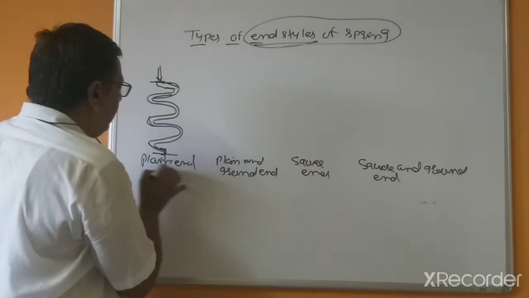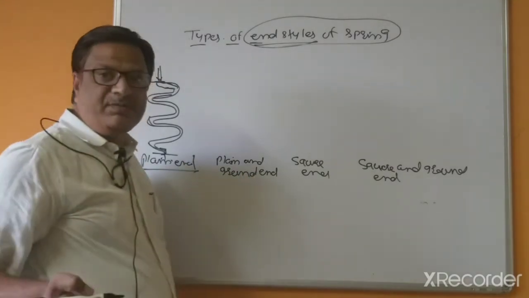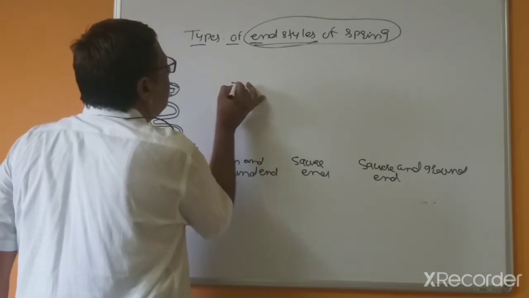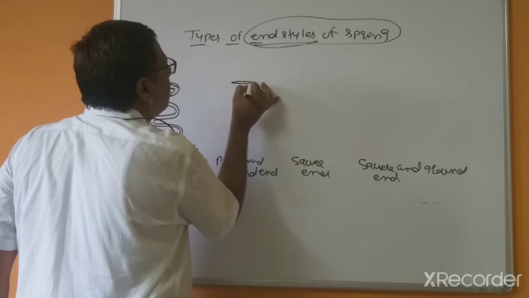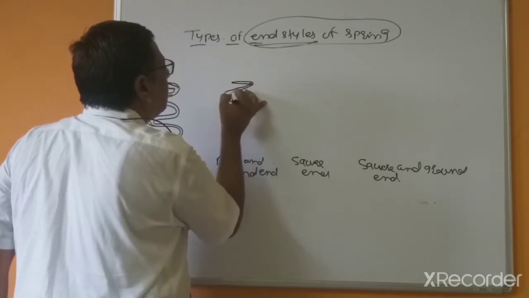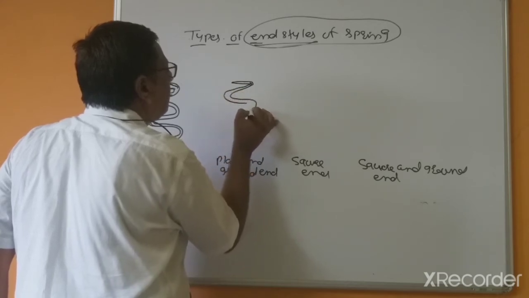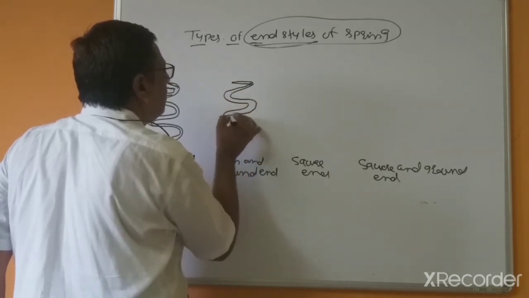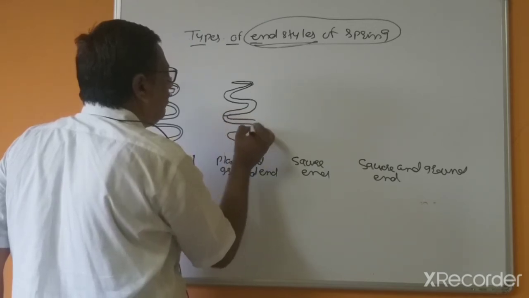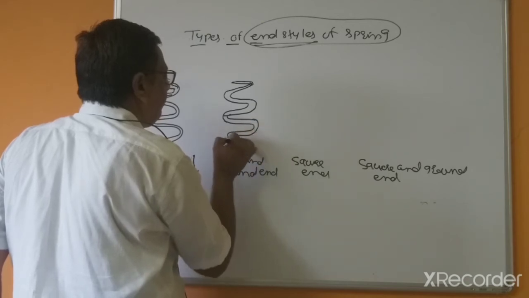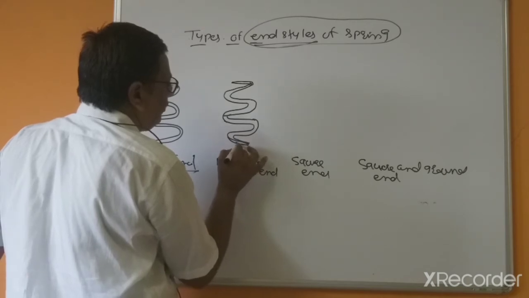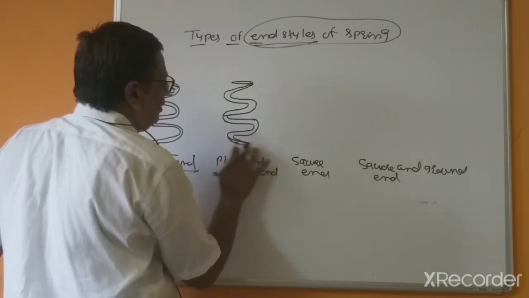So for the plain and ground end, this end is now ground. Because of the grounding, this surface is ground.